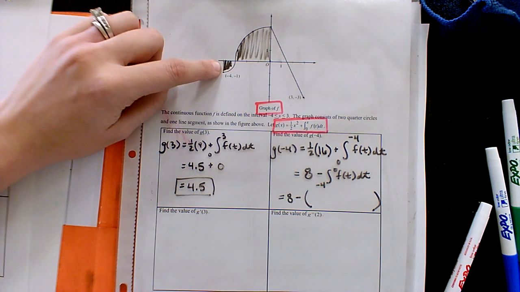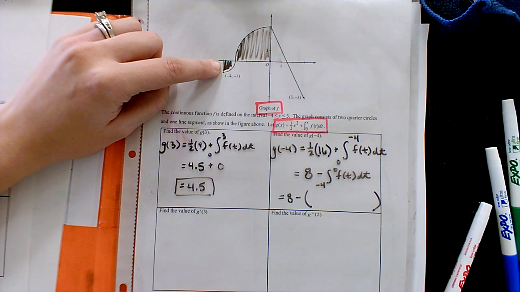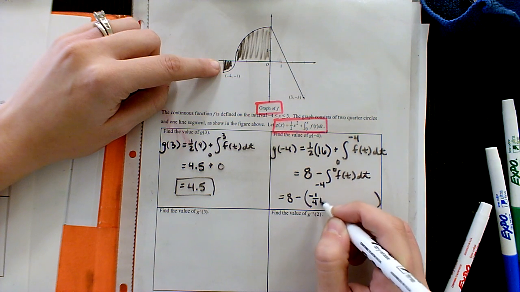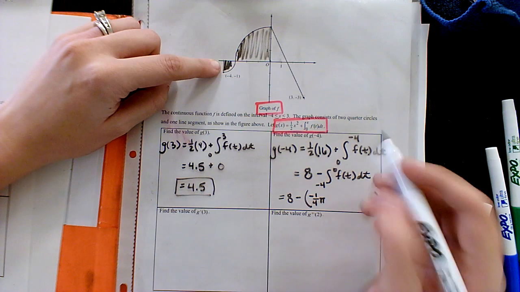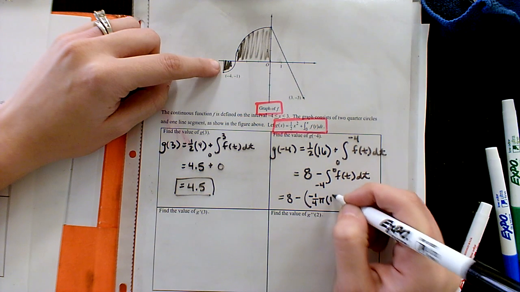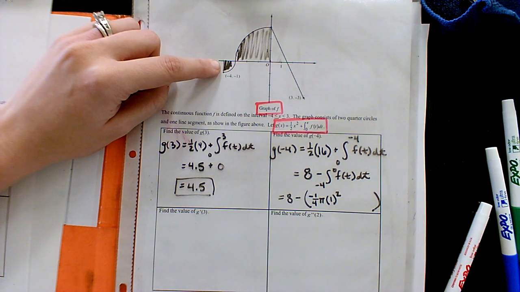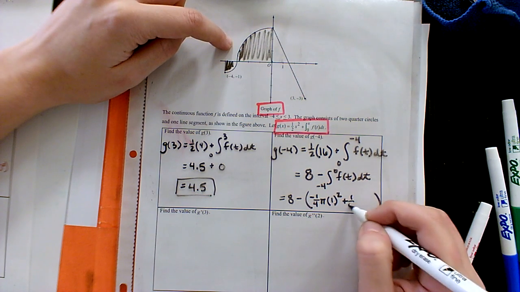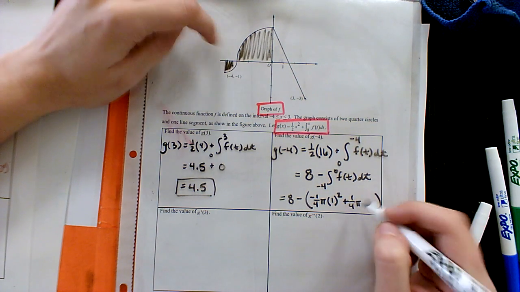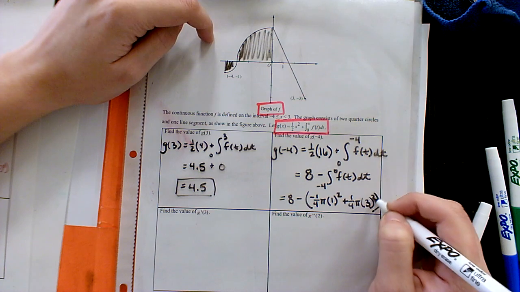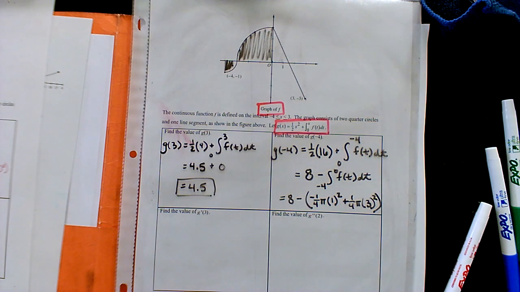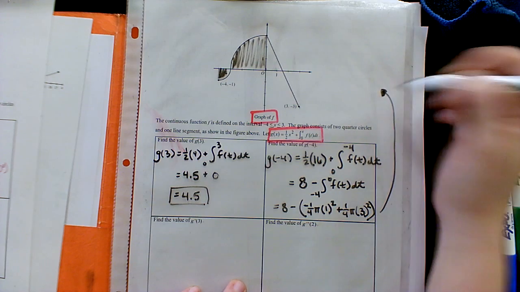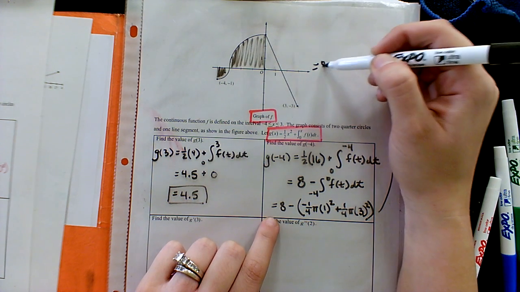So my first little area here is a quarter circle that's negative because it's underneath the x-axis. So I'll need a -1/4 pi. My radius is 1. And then I'll add the other quarter circle, which has a radius of 3. All right, I'm running out of room, so I'm going to move up a little bit here.